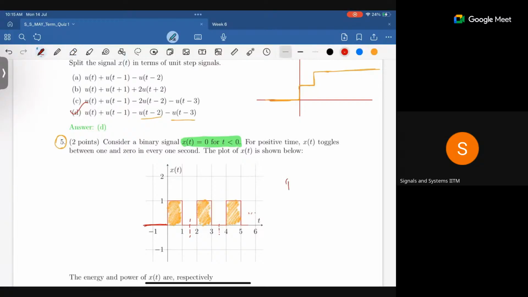So power is limit T tends to infinity, 1 by T integral from minus T by 2 to T by 2 of x of t dt.